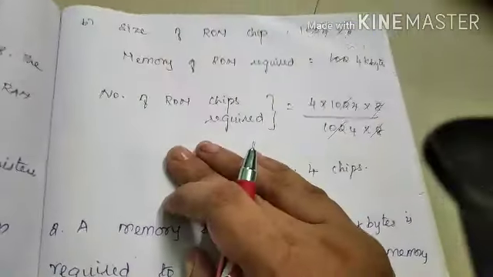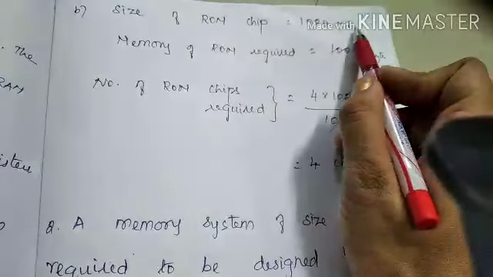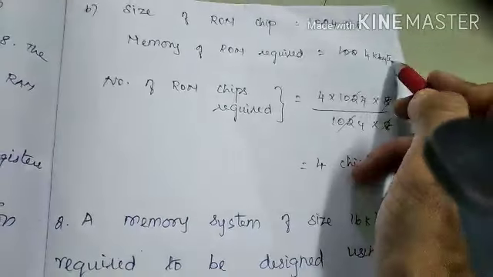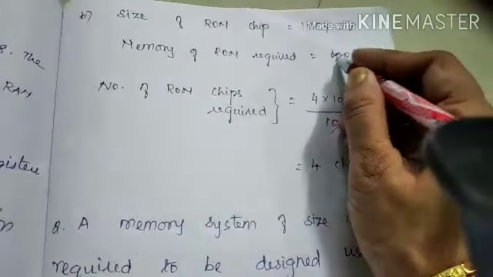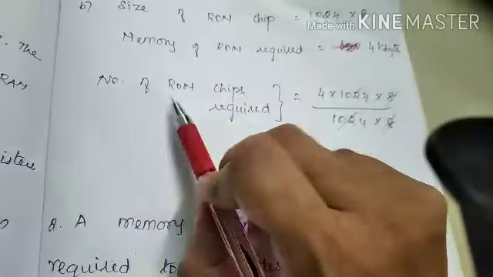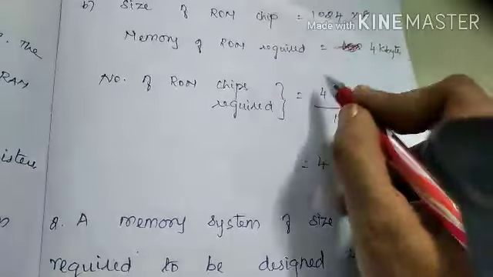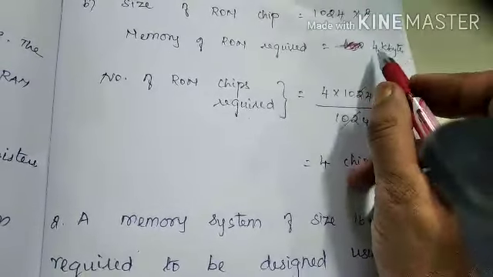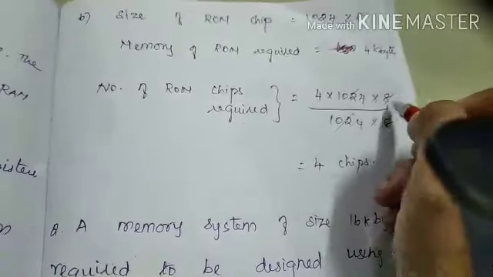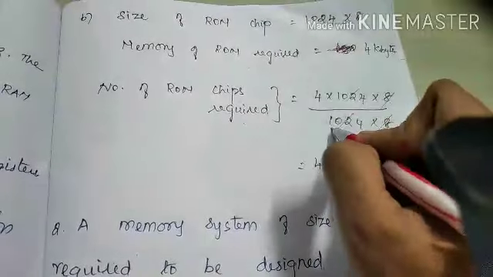Then size of ROM. The size of ROM is 1024 x 8. The memory of ROM required is given as 4K bytes. So the number of ROM chips needed is 4K bytes, the required memory, so 4 into 1024 for K, and 8 bits for byte, divided by the size 1024 into 8.